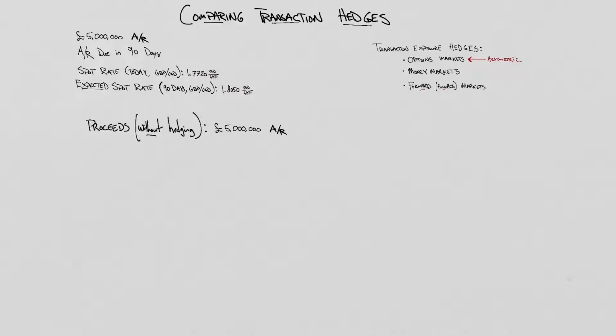And then just assuming that doesn't change, then over the next 90 days, what we'd have when this foreign company finally pays us in British pounds, and remember, 1 British pound buying more USD means that if we're going from British pounds to USD, we should end up with a larger number here. And that number that we get is 8,860,000. So assuming no exchange rate changes, this is what we would collect.